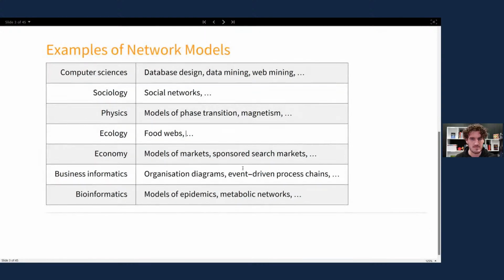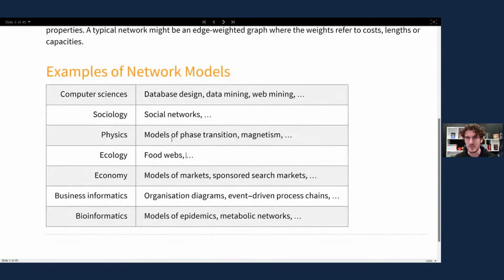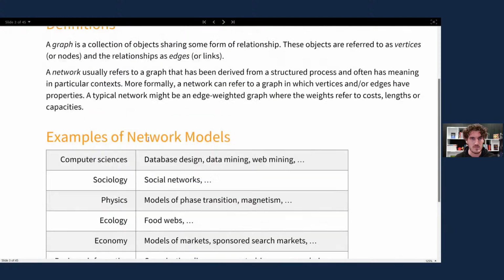Market modeling, process chains, epidemiology, the list goes on. All right. Hopefully we can find a use case for you here, and we'll look at why Wolfram Language is such a useful tool for doing this kind of modeling.